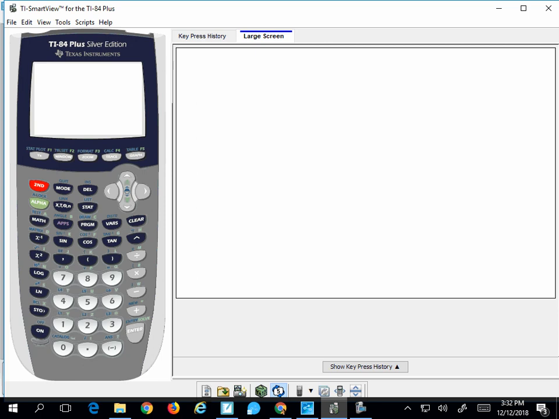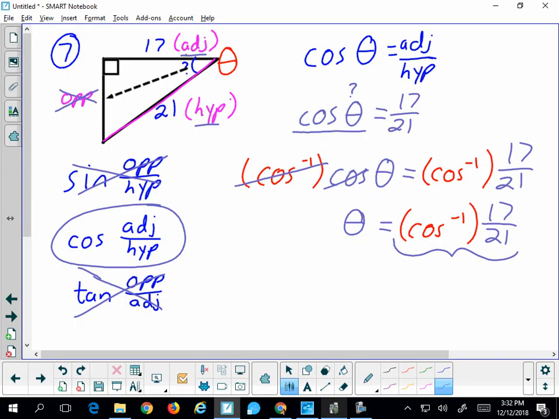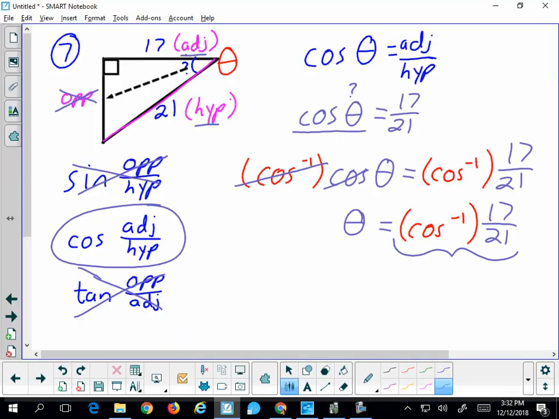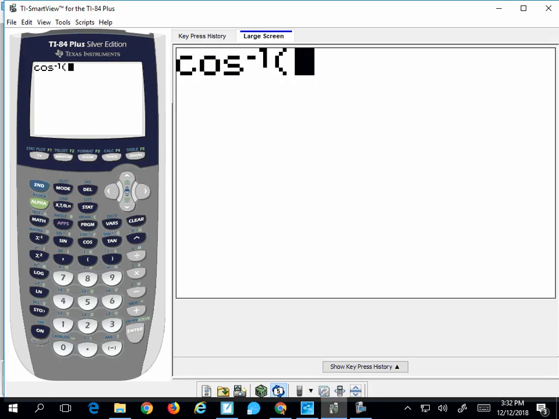So if I hit second cosine, that gives me that cosine -1. Then my ratio is 17/21, so I type in 17 divided by 21.